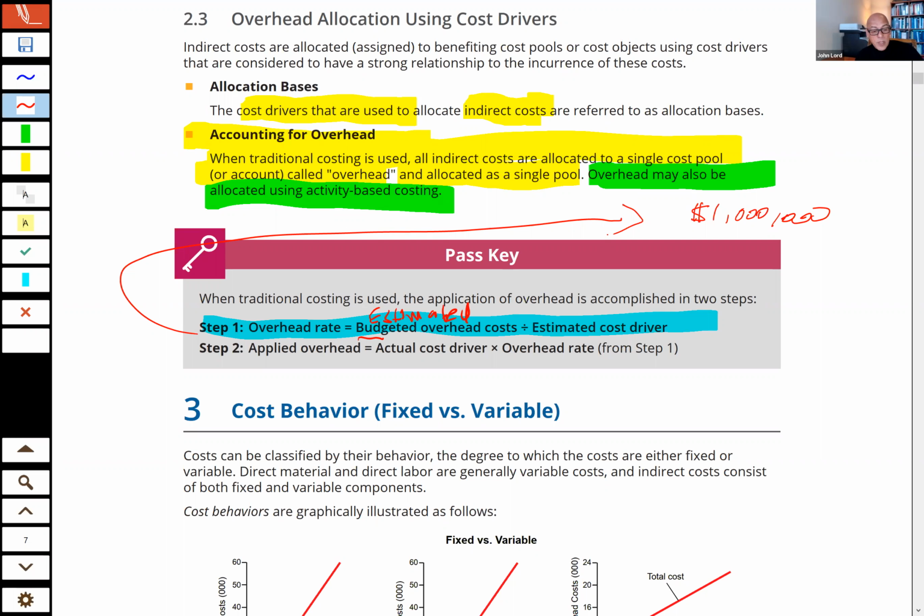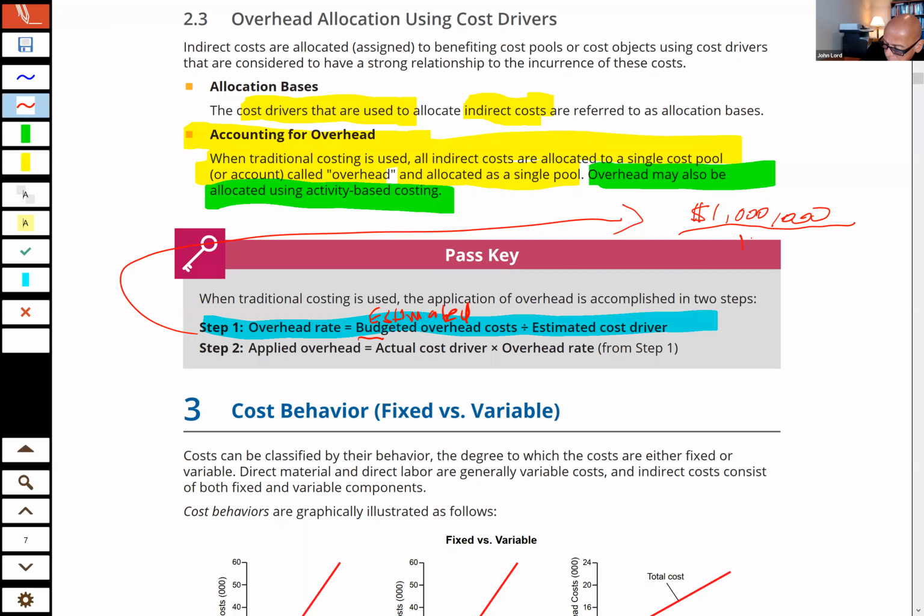Okay, so what happens? In that case, a company like that would probably use kilowatt hours as their driver for their overhead costs. Okay, so the only reason I'm giving you that boring story is so that you realize it doesn't have to be direct labor hours, even though you see that quite often in accounting questions and whatnot. Okay, but in this particular case, let's say they're using direct labor hours.